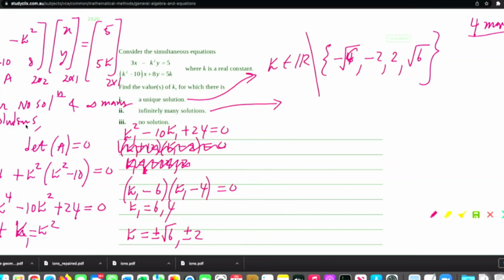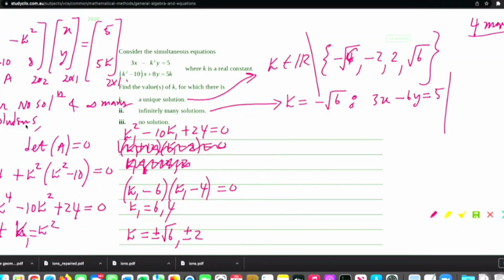Now you have to put these numbers, these 4 numbers, individually. So you have to say k is equal to minus square root of 6. What will happen? Now this is a little easy, because here you have k squared. So you get 3x minus 6y is equal to 5.